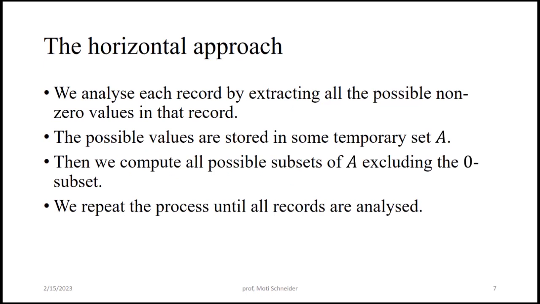Basically, the way we compute association rules today is we take columns and we compare the two columns. For example, if you have two columns, then you go to each row and you see if you have one here and one here. If it's so, you accumulate it, and based on that, you compute the support, and based on that, you compute the confidence, and so on and so forth.